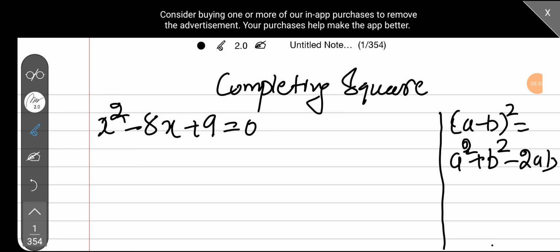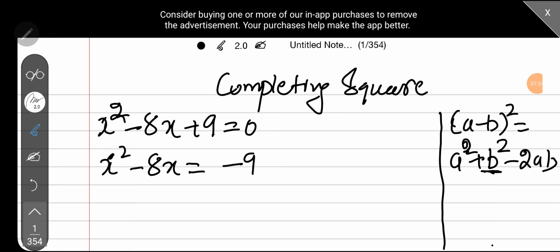We will add or subtract something in such a way that it will not modify the original equation. For example, if we look into this equation, the missing term is this one.